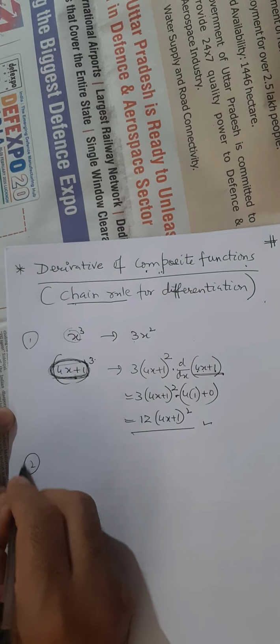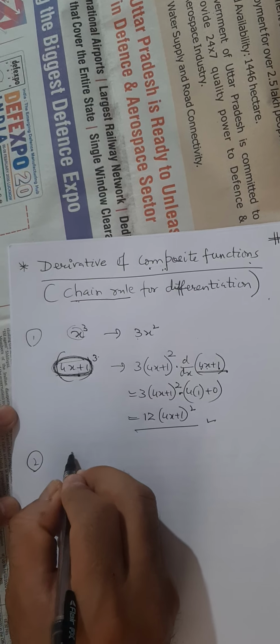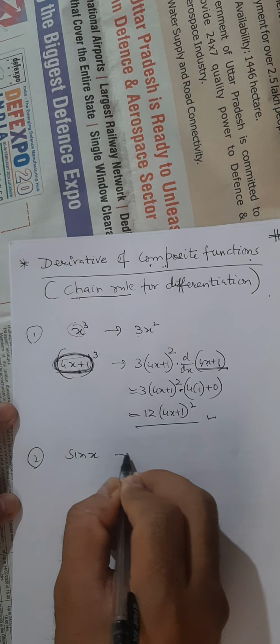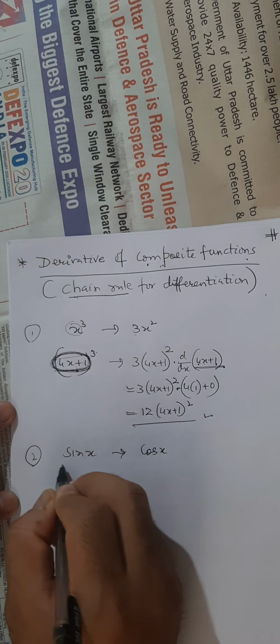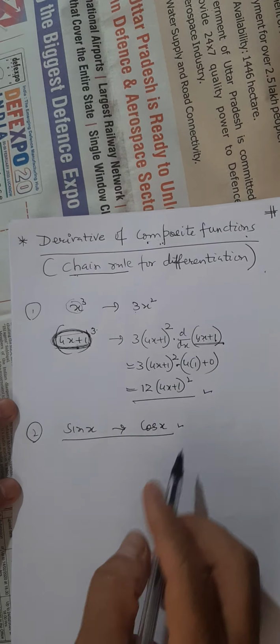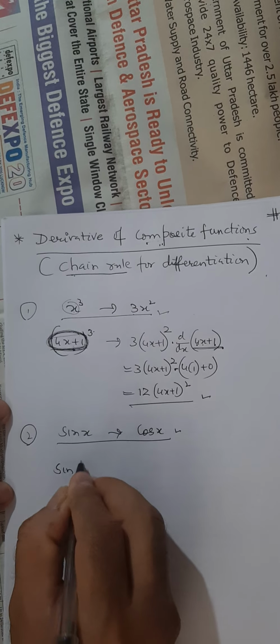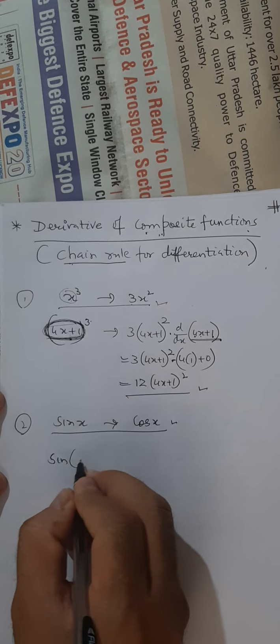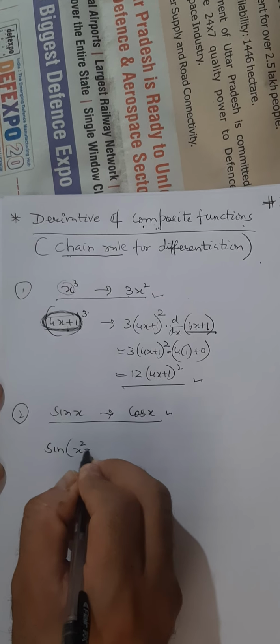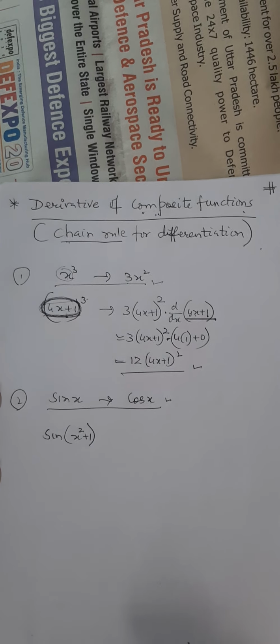Let's take, suppose you know derivative of sine x. What's the derivative of sine x? cos x. This is our standard function. But I may have sine of x square plus 1 like this.